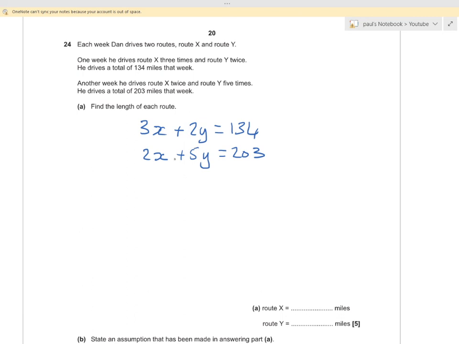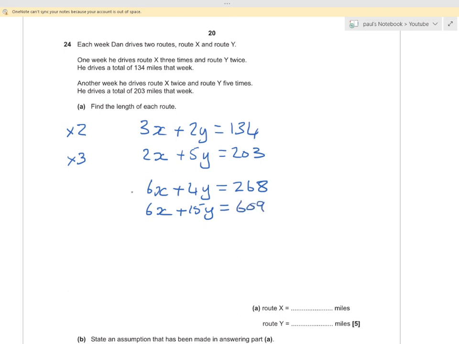Got to make something the same. So I'm going to multiply the top one by 2 and the bottom one by 3, and then I'll get the x's the same. So I've got 6x plus 4y equals 268, and 6x plus 15y equals 609.